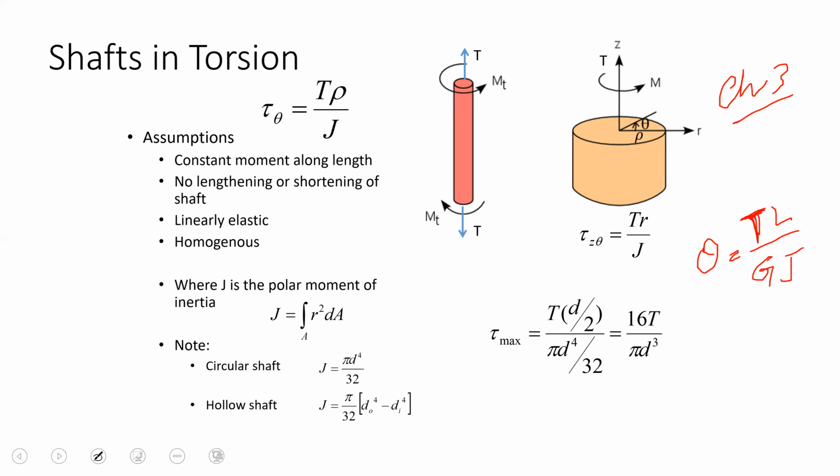So theta was the deformation, and shear stress because of the torque was T rho over J, right? And Tc over J was the tau max. Whenever it will be maximum, tau max will be Tc over J when rho is equal to the radius of that particular shaft. So it will be maximum on the outer surface and it will be zero at the center of that particular shaft.